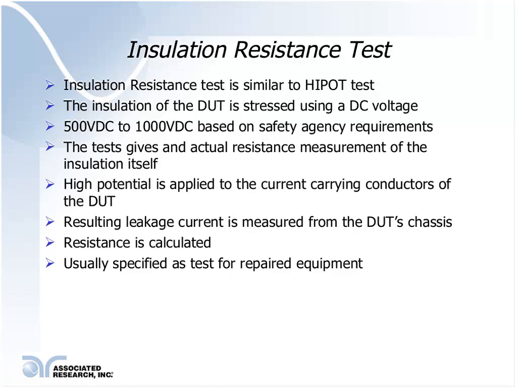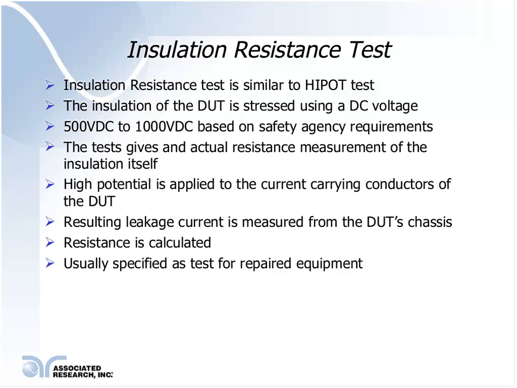Since the test potential is DC in nature, once the capacitive portion of the insulation has charged, the only leakage current flowing through the insulation of our DUT is resistive in nature, and thus it allows the user to measure an insulation resistance value, which is why the name insulation resistance comes in. For short, we can call this test IR.